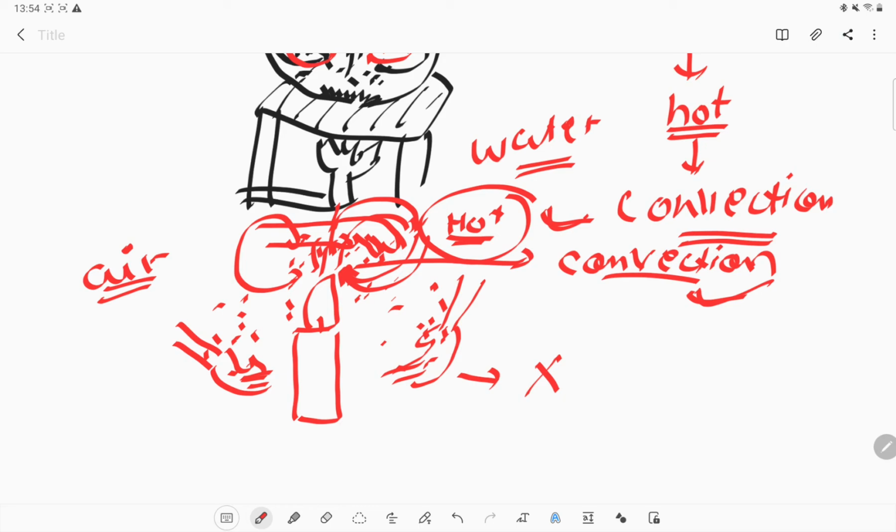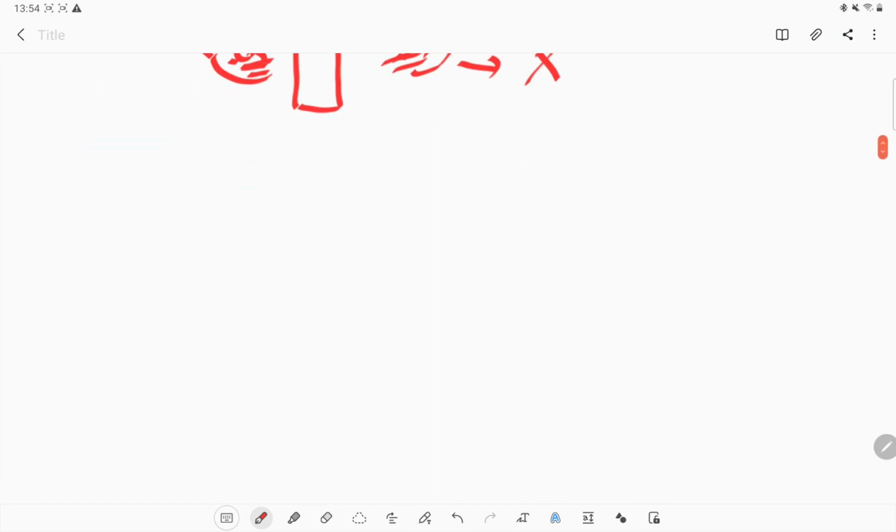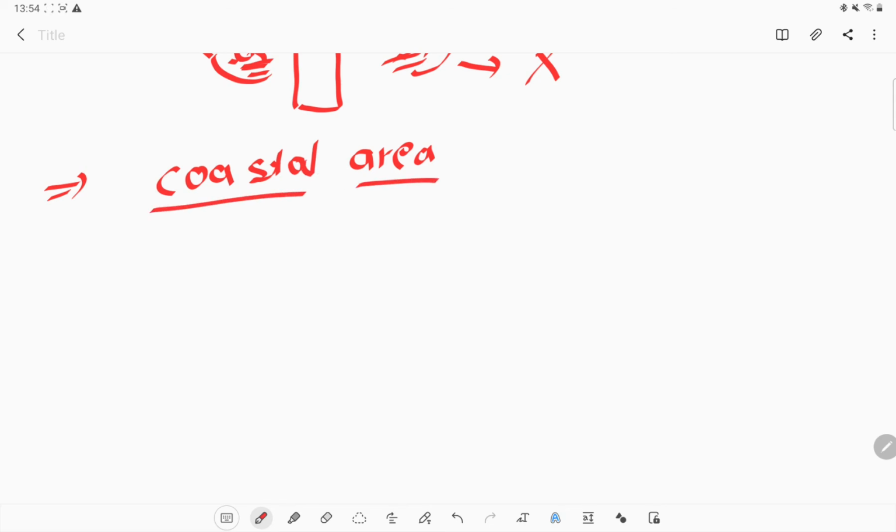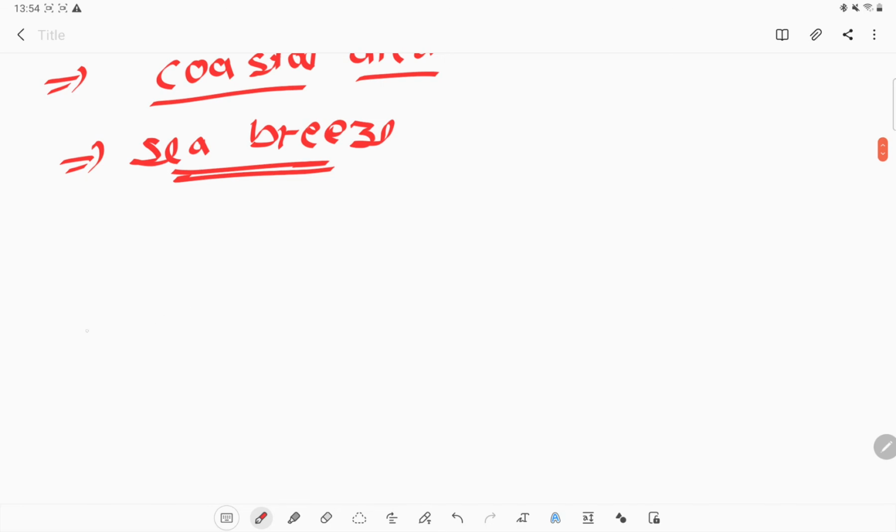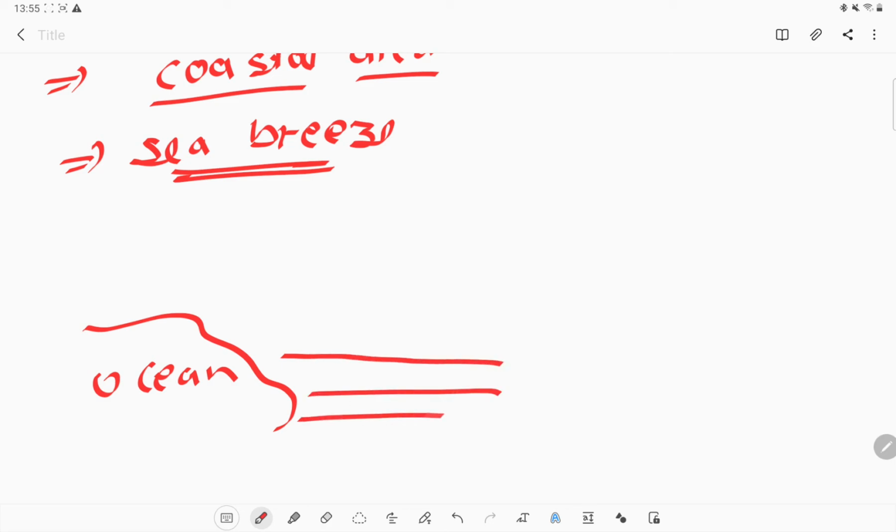Okay, so this is not only present in the laboratory. In natural cases we can also see it, like in the coastal areas. In coastal areas we see things like the sea breeze. The air which is coming from the sea, during daytime: this is the ocean or sea area, and this is the land area.